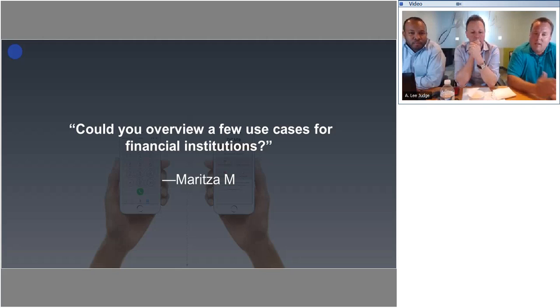But going back to what I mentioned before, as far as functionality is concerned between mobile applications and Visual IVR, there is a lot of overlapping functionality. So if you think about use cases in the financial institutions industry, we can absolutely offer all of the regular online banking type use cases: check balance, transfer funds, pay a bill, or set up automatic payment, as well as extending upon that.